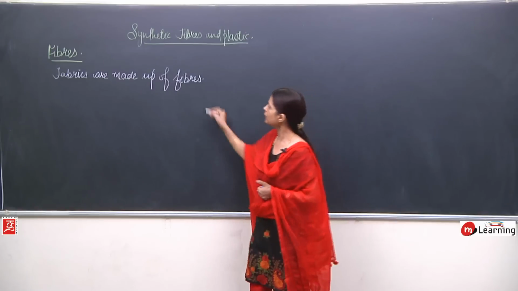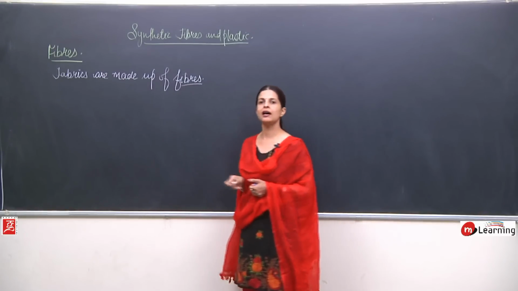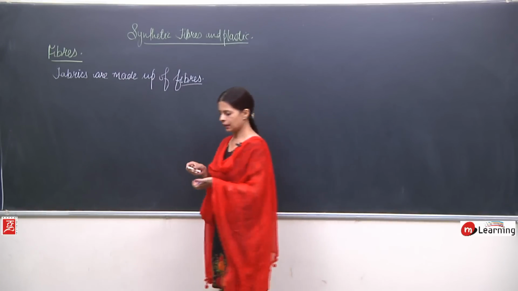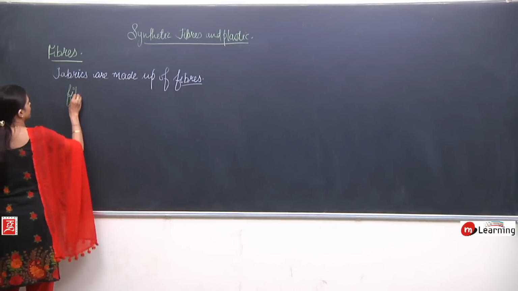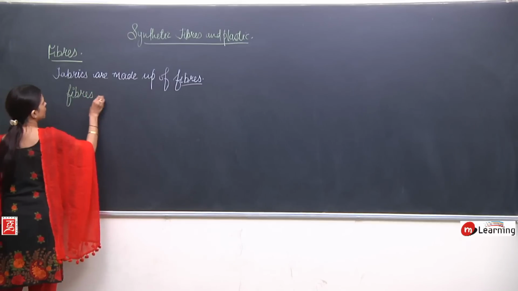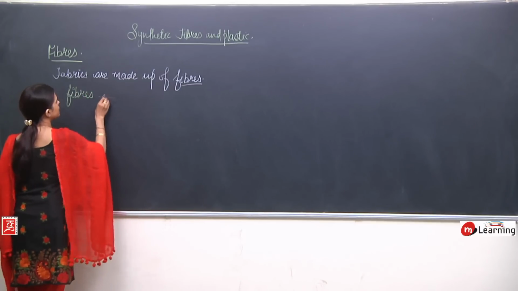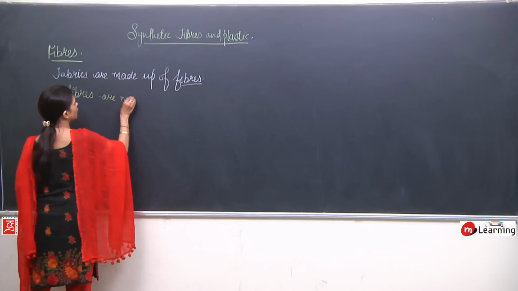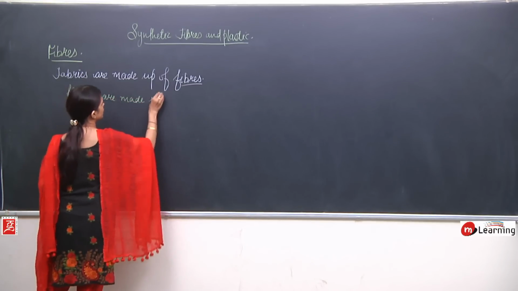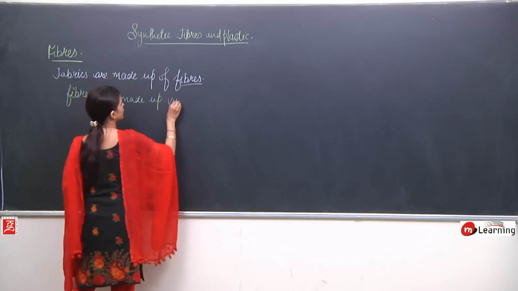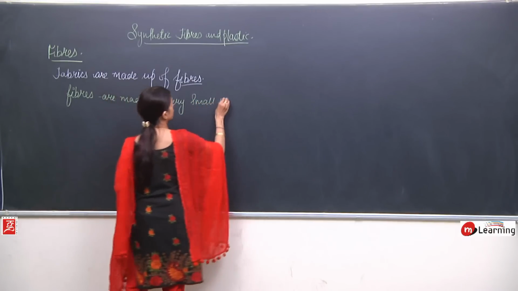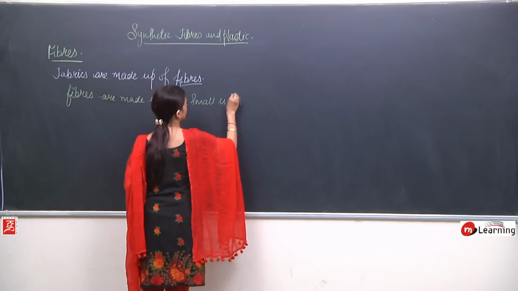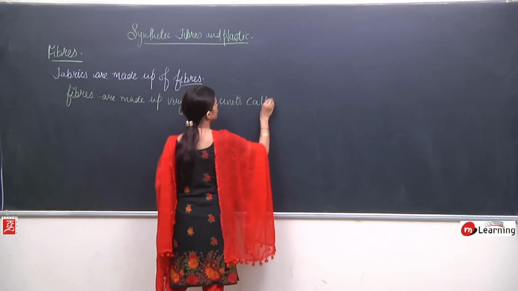Now, what are fibers made up of? Fibers are made up of very small units called monomers.